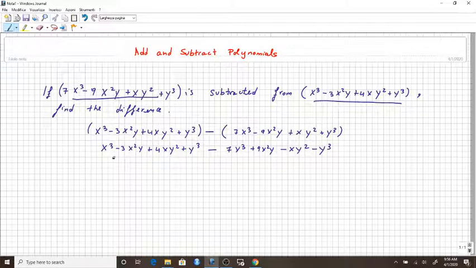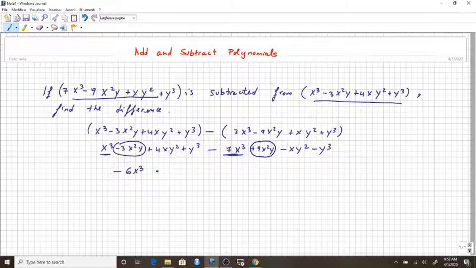So let's combine the terms. x cubed and negative 7x cubed are like terms, so this ends up being negative 6x cubed. Then we have negative 3x squared y plus 9x squared y.